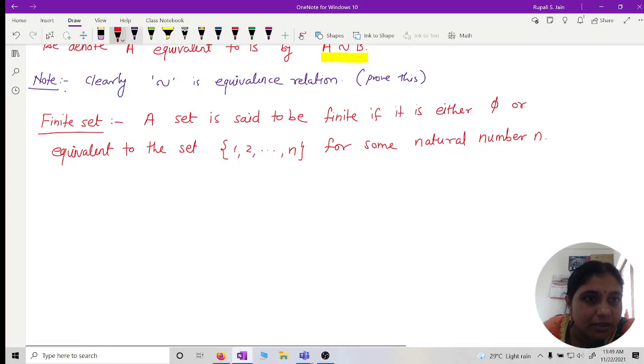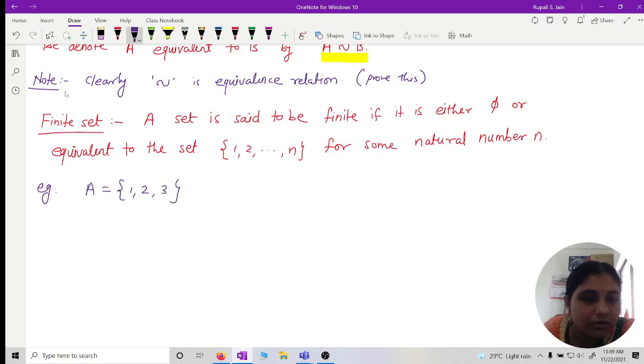For example, I will write here: A equals {1, 2, 3}, or A equals {a, e, i, o, u}. This is a finite set, right? What is the natural number for which it is equivalent? 5. For the first it is 3, like that.